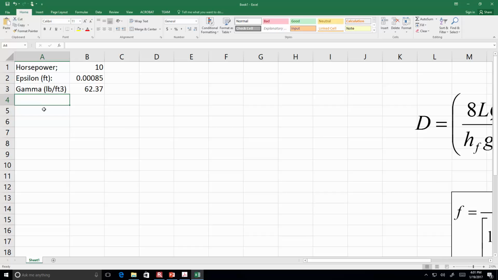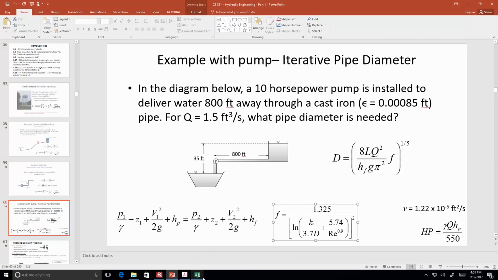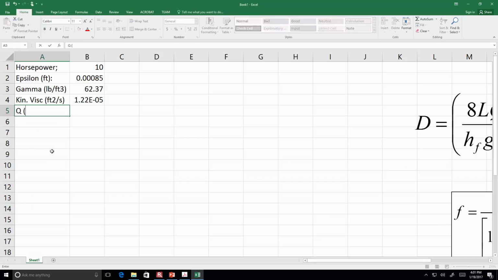And the kinematic viscosity in feet squared per second was given as 1.22 times 10 to the minus fifth. The flow rate is 1.5 cubic feet per second.